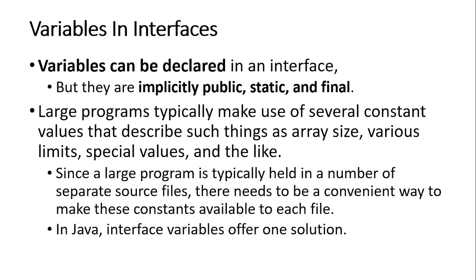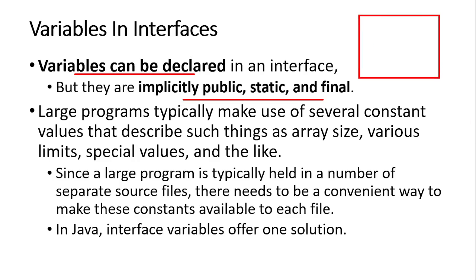The next thing is that variables which are declared in the interface must be implicitly public, static and final. Why do you use variables inside interfaces? When you create a very large program, there will be too many constants. Suppose you want to keep all the constants at one place, like index of the array, maximum number of elements and so on.